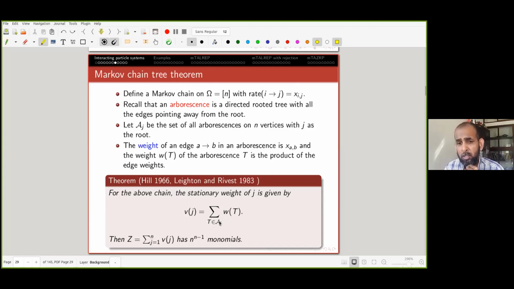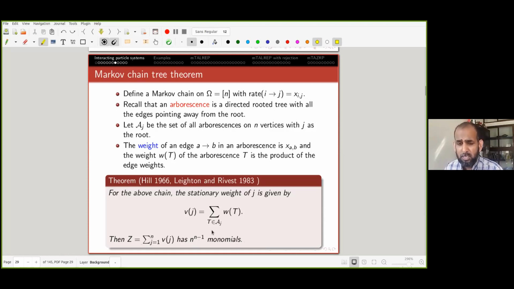What this says is that you have n to the n minus 2 terms for each j, because every tree will appear as an arborescence in A_j. It's just that the direction will change. And the sum, therefore, will have n to the n minus 1 monomials. So you can see why it's called the Markov chain tree theorem. Okay, so that's the partition function.